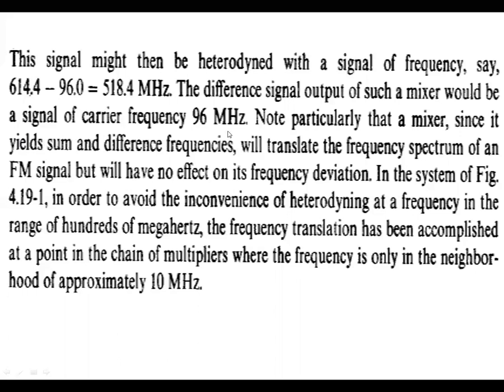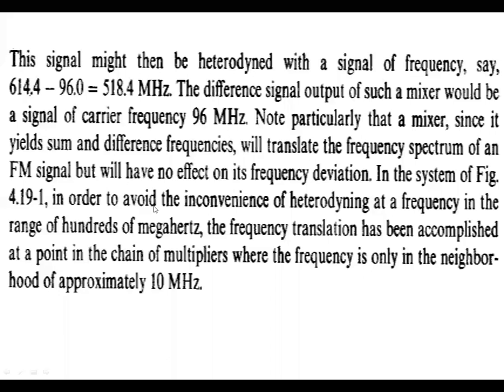Note particularly that a mixer, since it yields sum and difference frequencies, will translate the frequency spectrum of an FM signal, but will have no effect on its frequency deviation. So only the carrier frequency is affected, and the deviation is not affected.